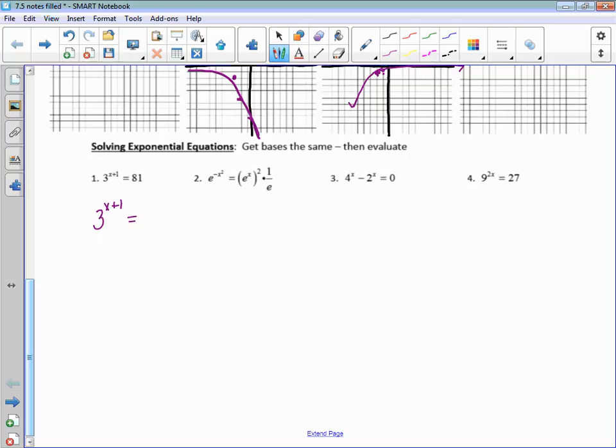And then on the other side, is 3 to some power equal to 81? Fourth, okay. Once the bases are the same, it becomes very simple. Then it's just set the exponents equal. And I get x equals 3.